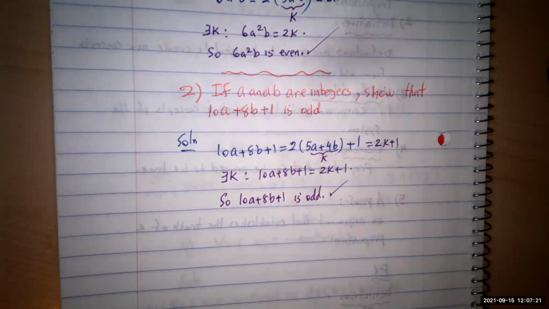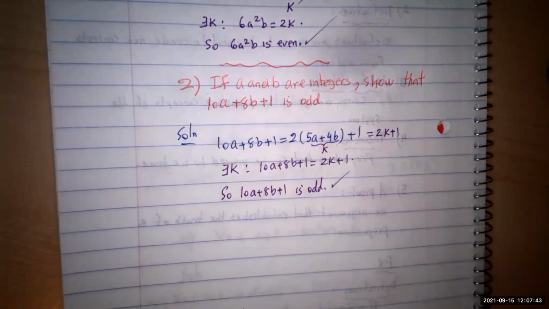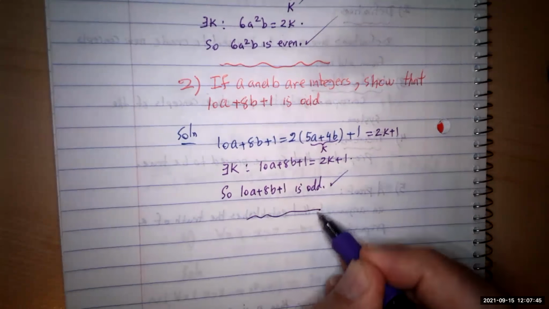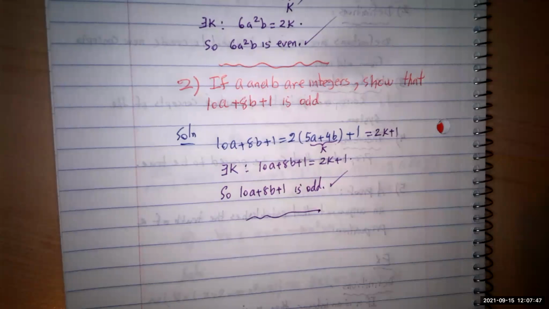So this is going to be the case. Any question? This is the type of operation that we're going to use, so don't be surprised. Let me give you another one.